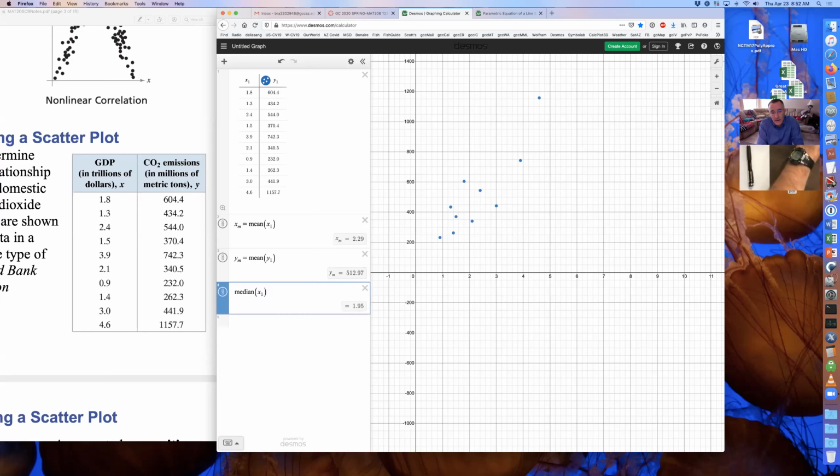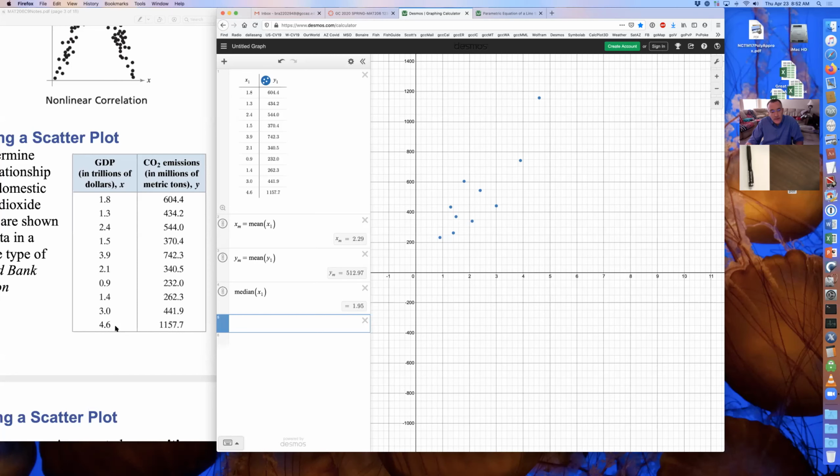There's the median, right? How do you find the mode? You would find the one that happens most often. So this might actually be faster. Desmos doesn't have a command for the mode, right? So what would you say? Well, none of them occur more than once, so you'd say there's no mode.